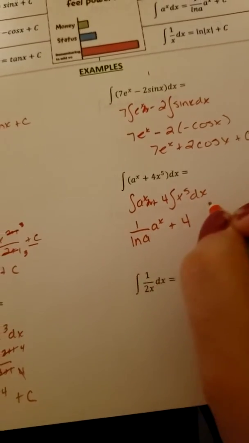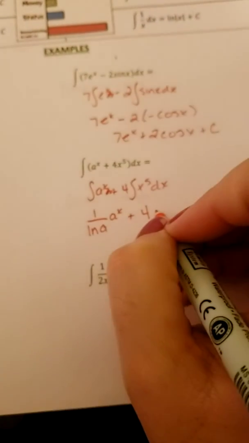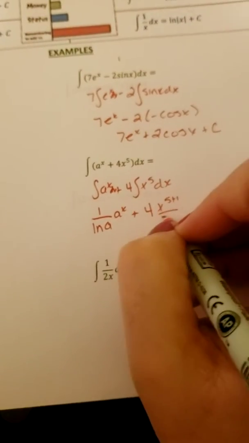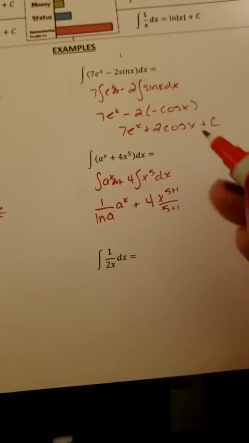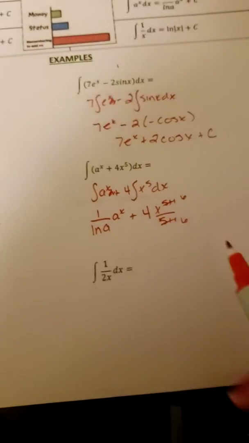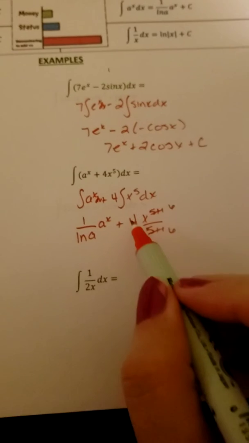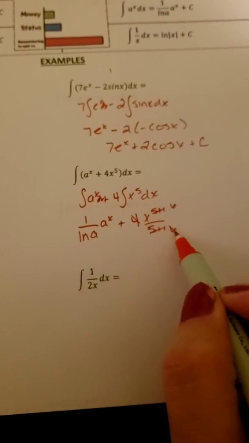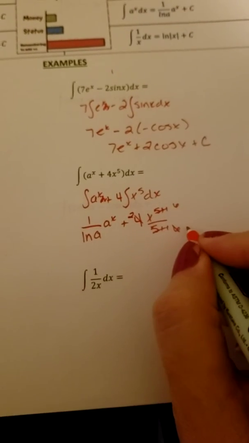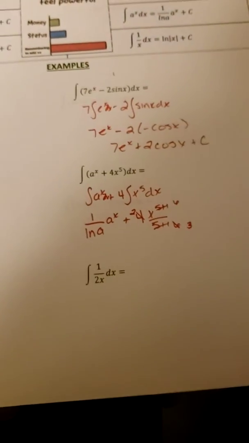Plus 4 times x to the 5 plus 1 over 5 plus 1. So these 5 plus 1s become 6. And then this 4 and this 6 don't cancel out, but they do reduce to 2 and 3.